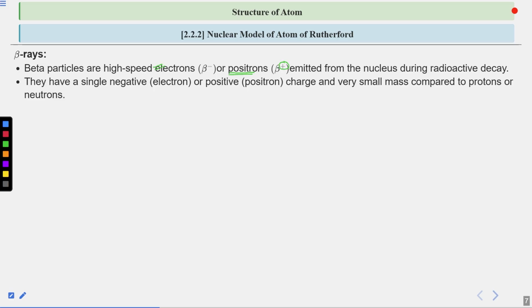So that thing can be considered as a proton. Not the whole proton, because the proton has a very high mass. It is a small part of a proton which has a +1 charge. As simple as that. Now this meaning is not literal, but for now it is good to go with. So see, it is written that they have a single negative or a single positive charge, but their mass is very small as compared to the proton or neutron.